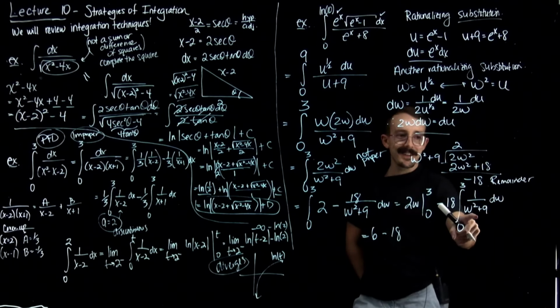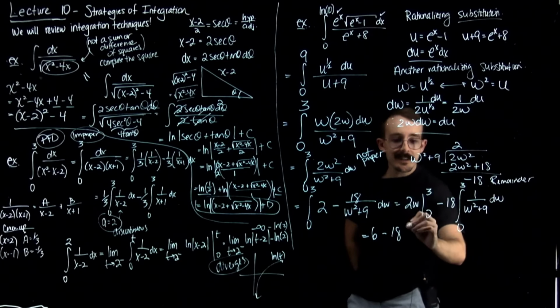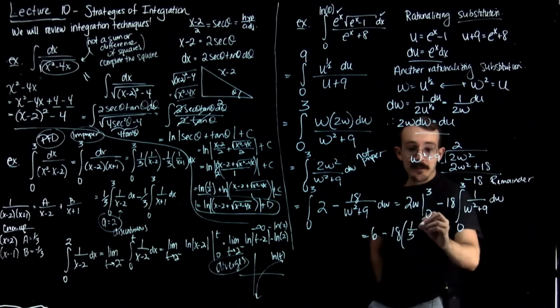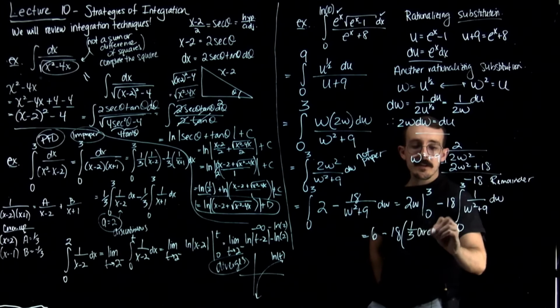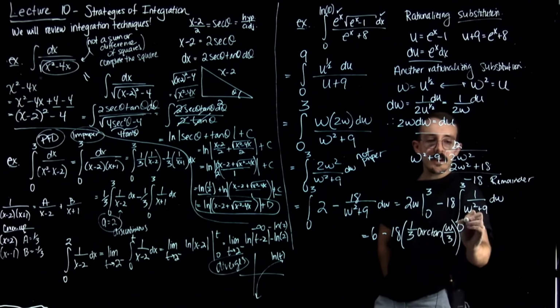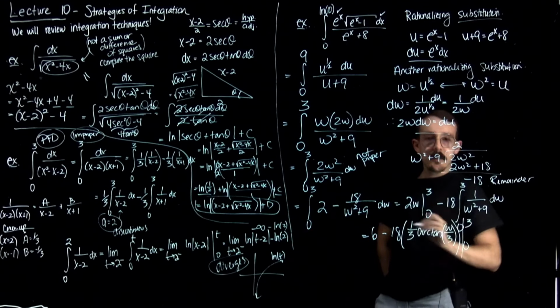So what is this integral? I have 1 over a variable squared plus a squared. That's arctangent. So this is 1 over 3, the constant getting squared, and this is arctangent of w over 3, evaluated from 0 to 3.